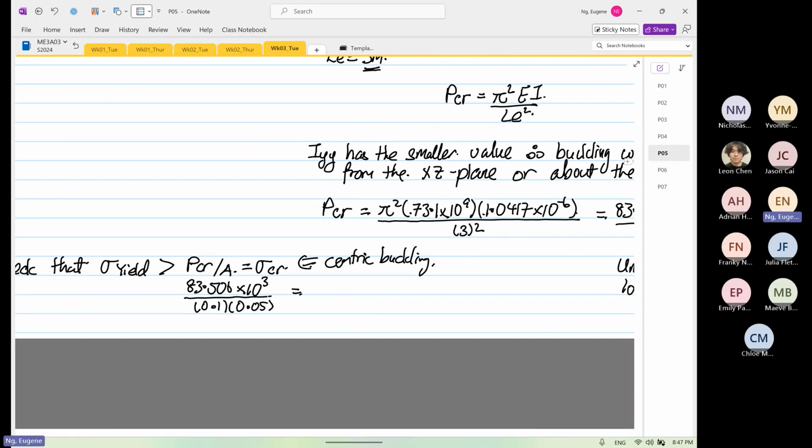So this is equal to 16.701 times 10 to the power 6 Pascal, which is less than our stress U. So now we know that this load is the maximum that we can apply.